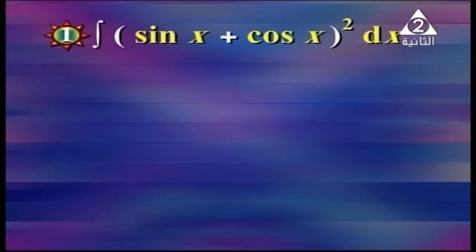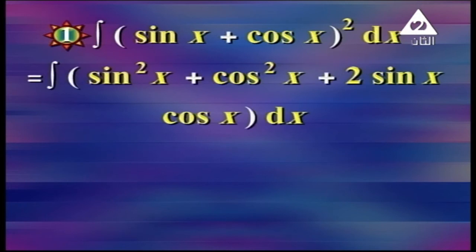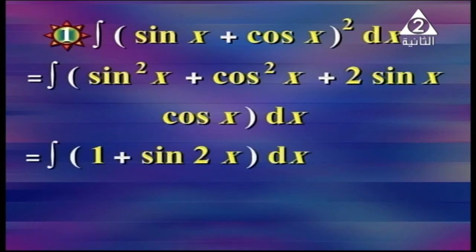Solution. Dear student, what is the integration of bracket containing sine x plus cosine x all to the power 2? We find the value of the bracket to the power 2: sine square plus cosine square plus first times second times 2. Then the bracket becomes sine square x plus cosine square x plus 2 sine x cosine x. Remember, dear student, what is the value of sine square plus cosine square? Yes student, 1. Then the integration becomes bracket containing 1 plus sine 2x.